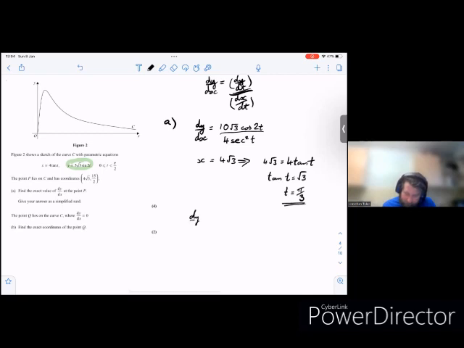So dy by dx at that point where t equals pi over 3 is 10 root 3 cos 2 pi over 3 over, because our calculators don't have a sec button, I'm just going to rewrite this as 4 times 1 over cos squared pi over 3.